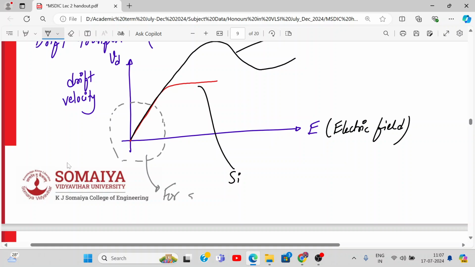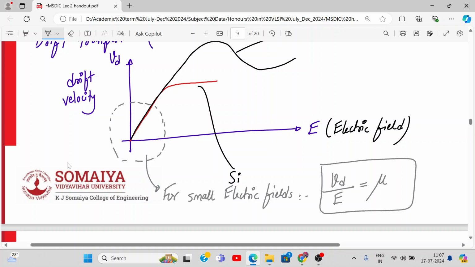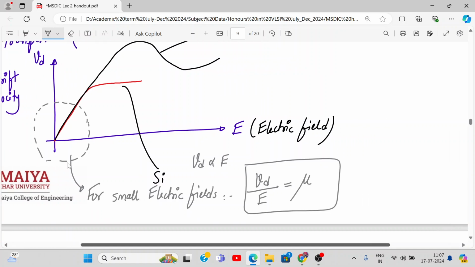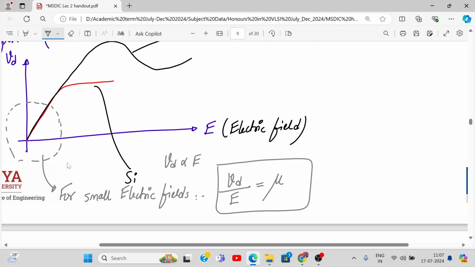So for small electric fields we have the following relation: the drift velocity upon the electric field is given by mobility. So we can say the drift velocity is proportional to the electric field for low electric fields. And what is mu? Mu is called the mobility of charge carriers.